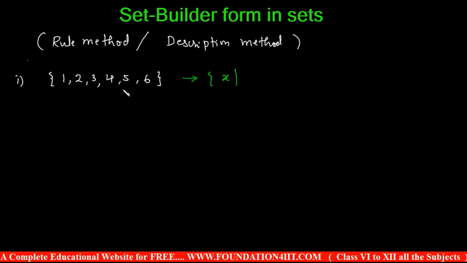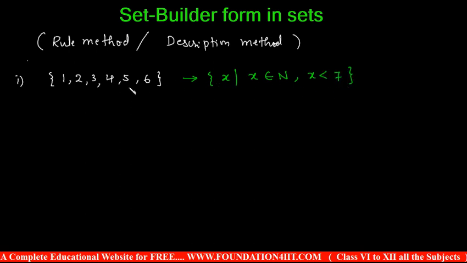All these elements belong to natural numbers, so x belongs to N. Natural numbers start from 1, but the maximum is 6 according to this roster form, which means x is less than 7.